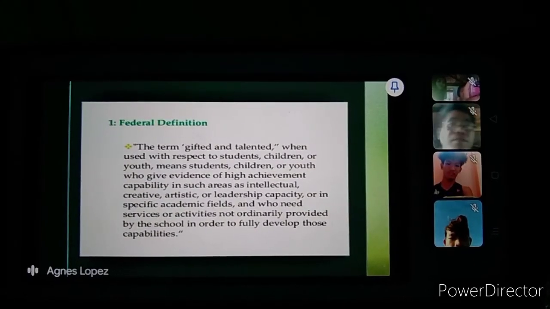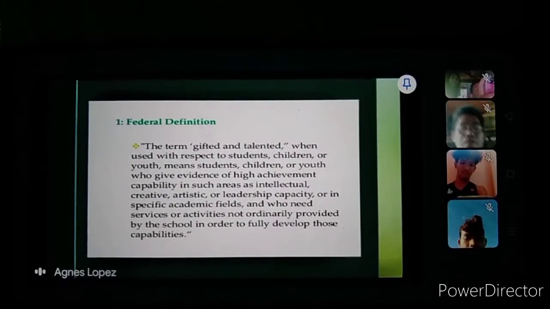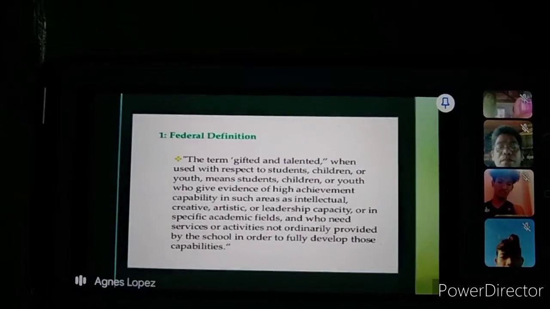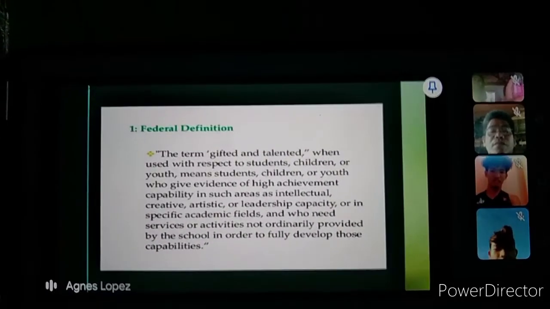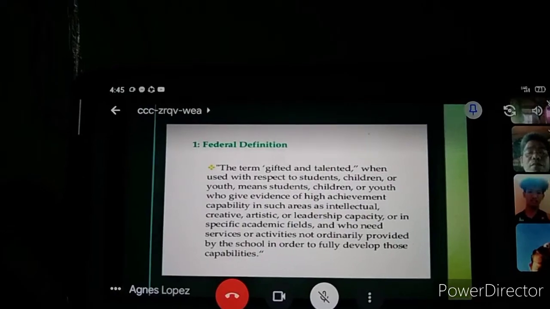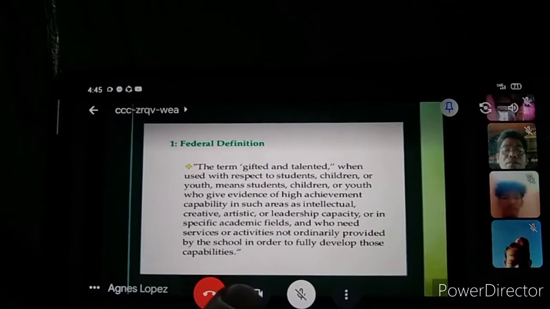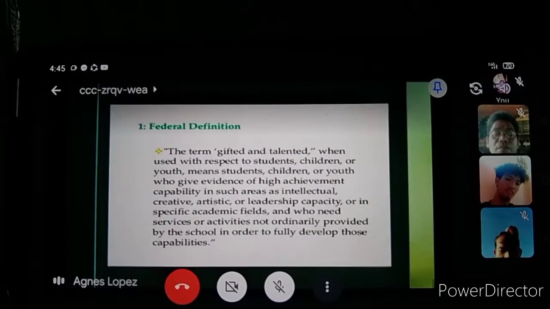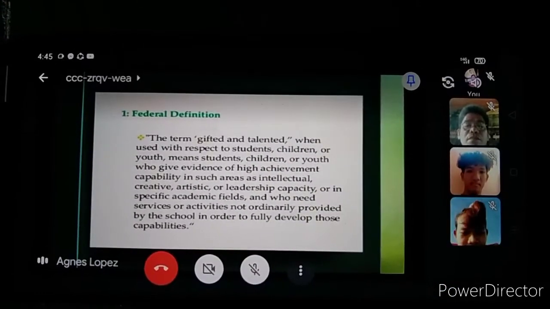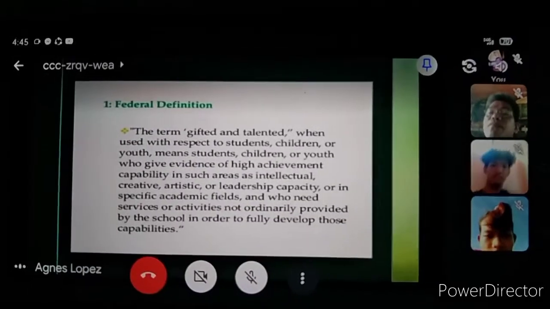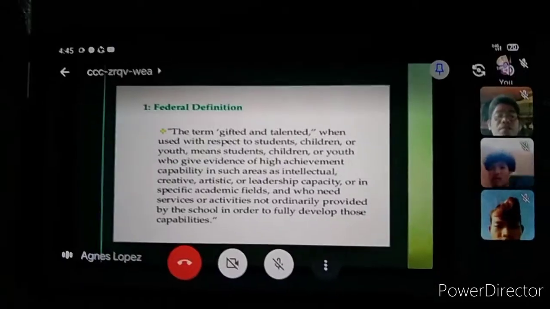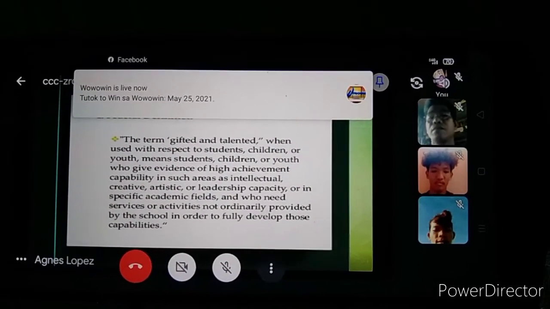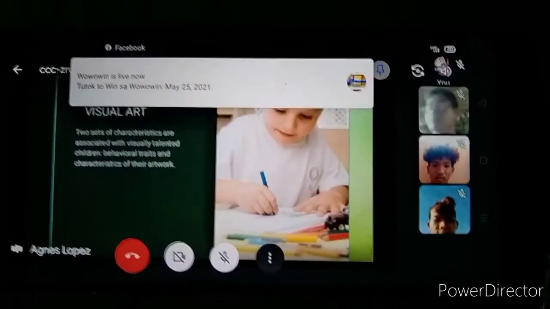Federal definition: the term gifted and talented, when used with respect to students, children, or youth, refers to those who give evidence of high achievement capability in such areas as intellectual, creative, artistic, or leadership capacity or any specific academic fields, and who need services or activities not ordinarily provided by the school in order to fully develop those capabilities.